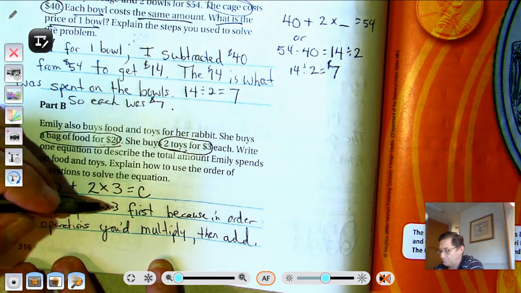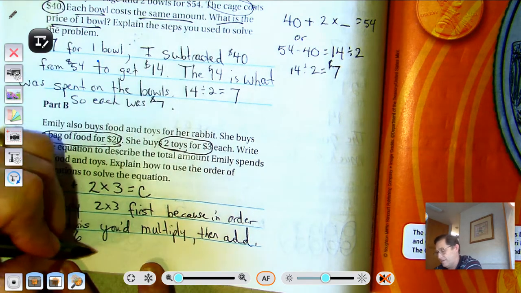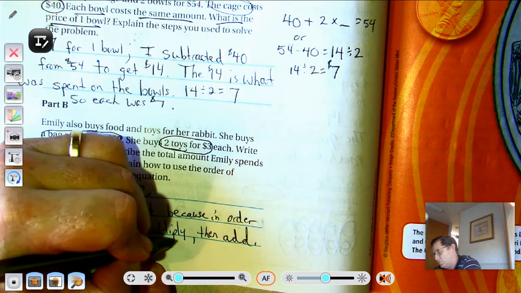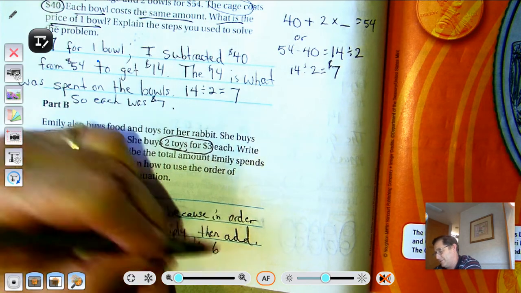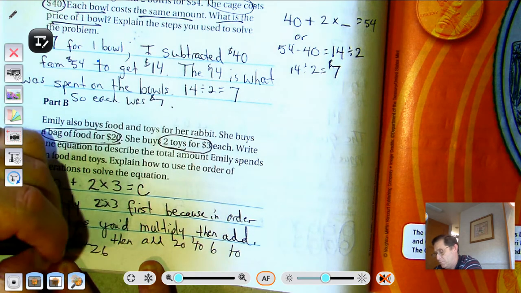So 2 times 3 equals 6. Then add 20 to 6 to get $26.